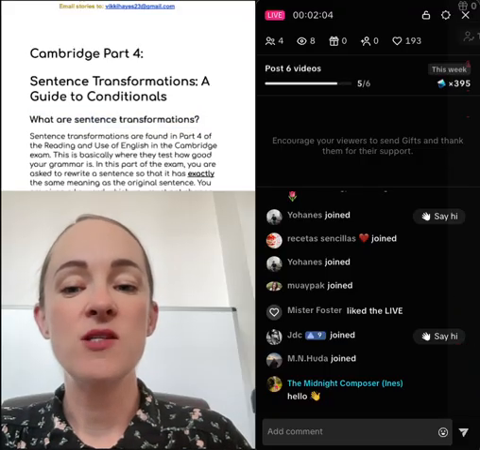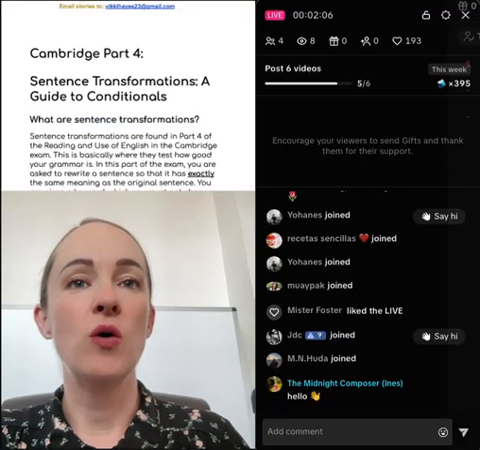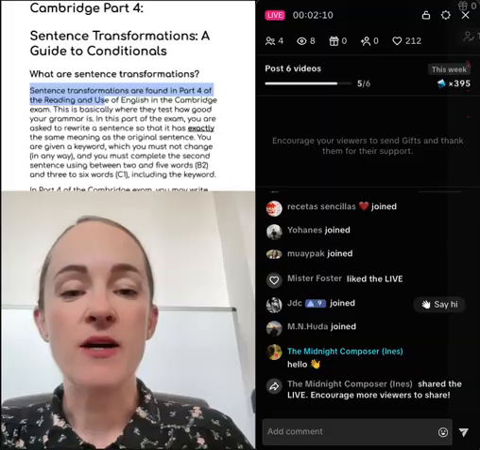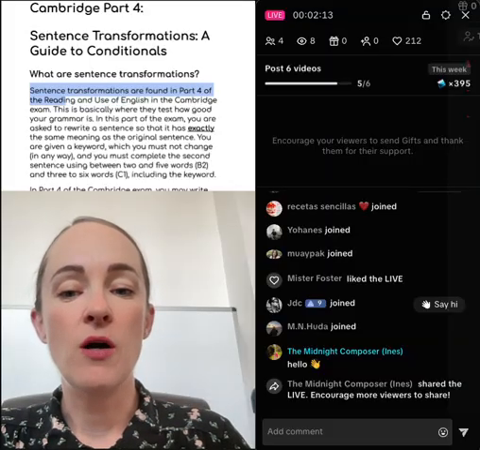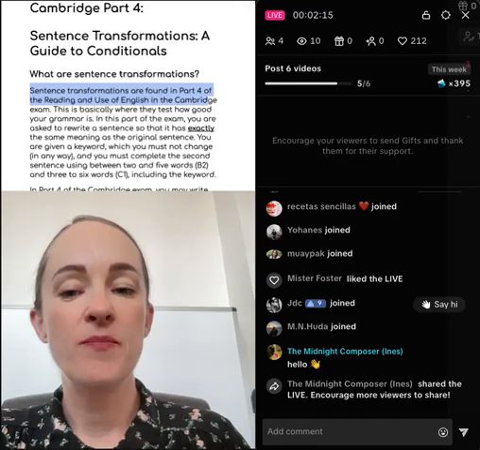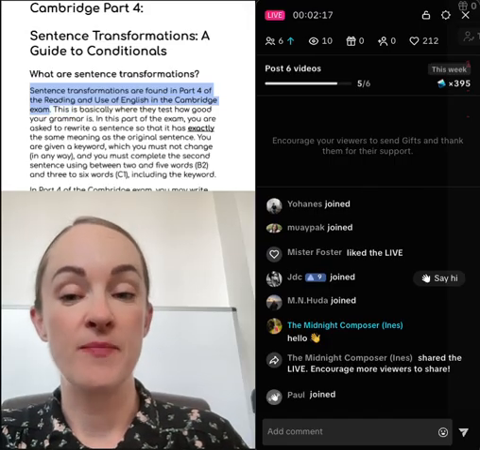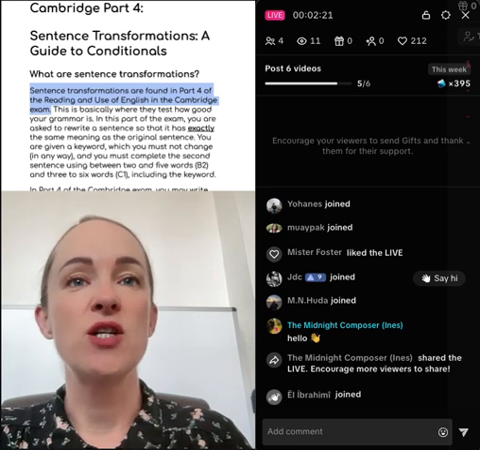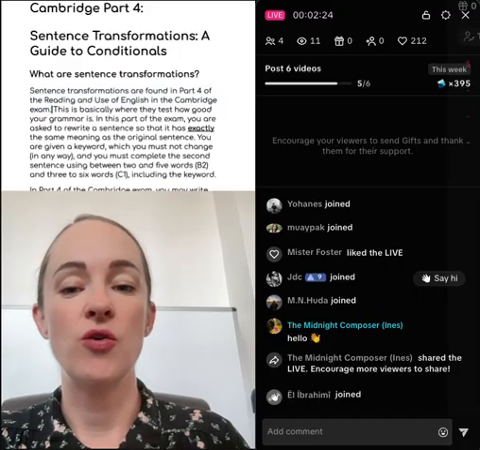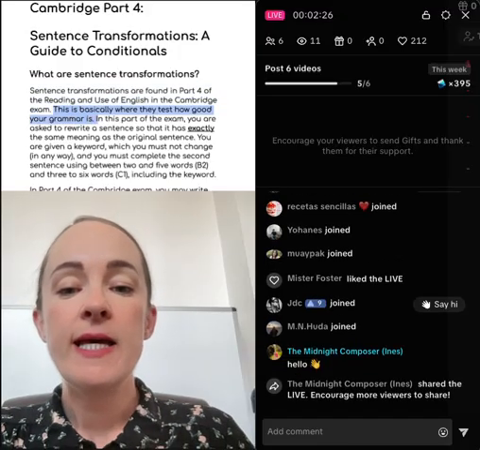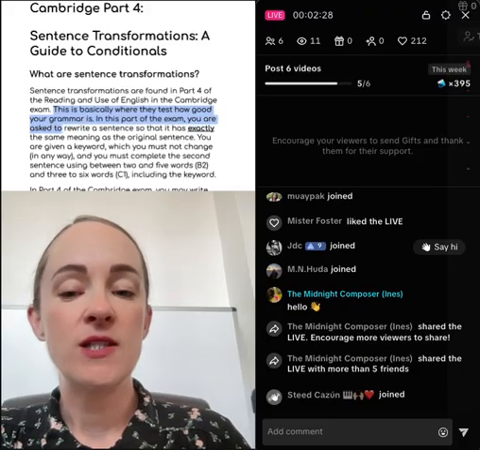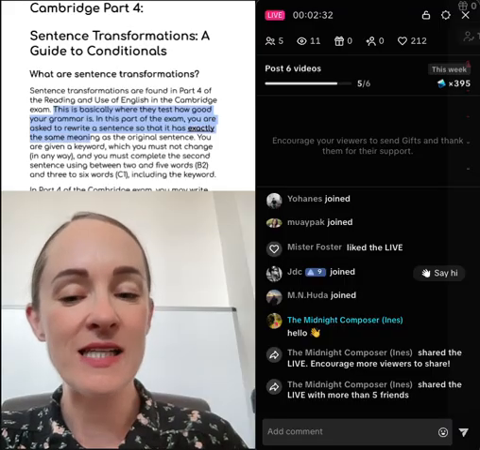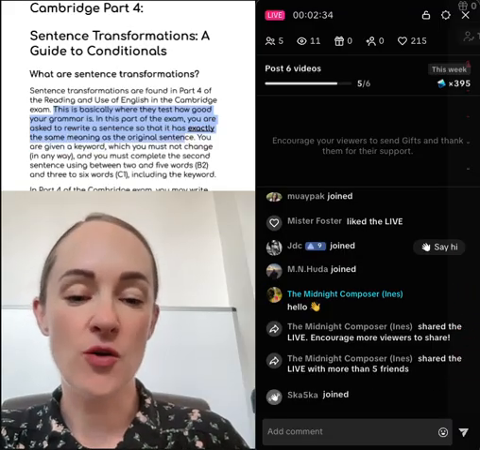First of all, what are sentence transformations? I think some of you already know. Sentence transformations are found in part 4 of the Reading and Use of English exam for the Cambridge exam. This is basically the section of the exam where they test your grammar, okay? In this part of the exam, you are asked to rewrite a sentence so that it means exactly the same as the original sentence.